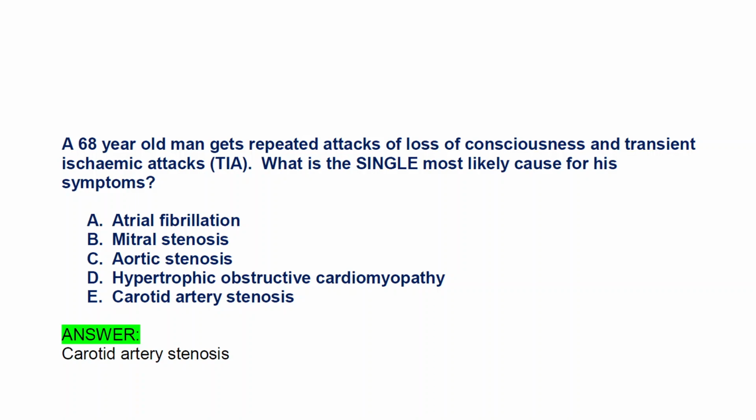A 68-year-old man who has repeated attacks of loss of consciousness with angina, or the patient has a history of angina, and was brought into the accident and emergency, dyspneic. So we have our SAD, therefore aortic stenosis. So I just brought this so that we can bring up one or two clinchers.